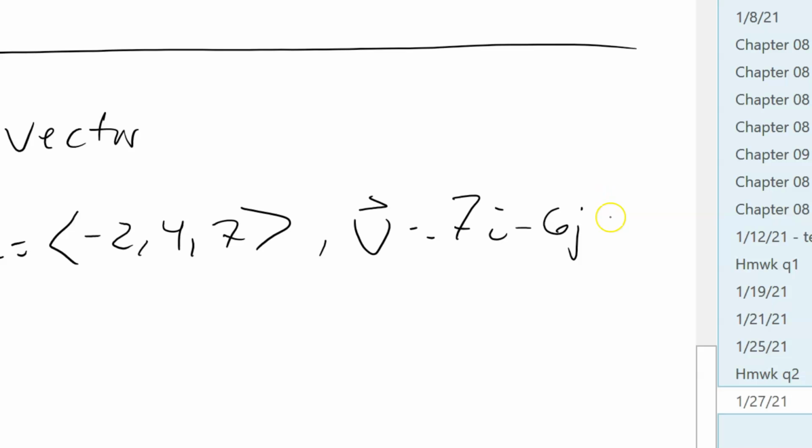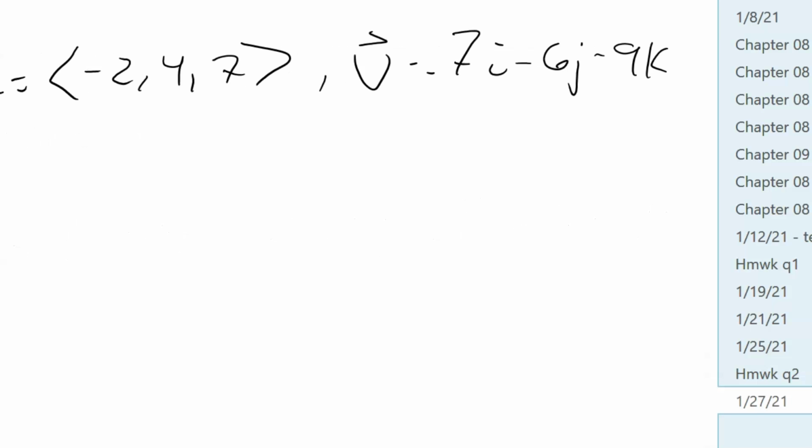Okay, so let's do a numeric example here. The first thing I would do is convert this vector that's in unit vector form into component form.